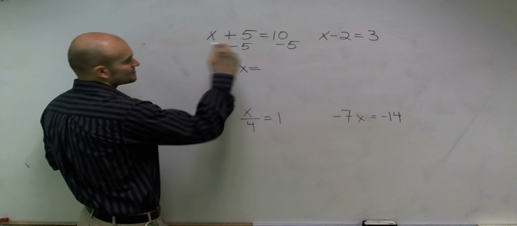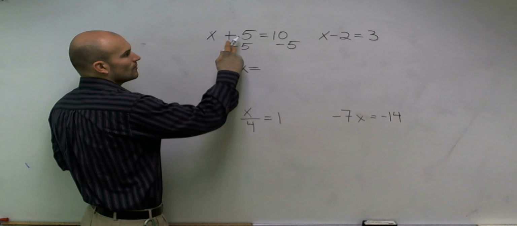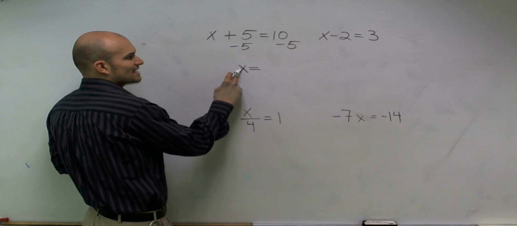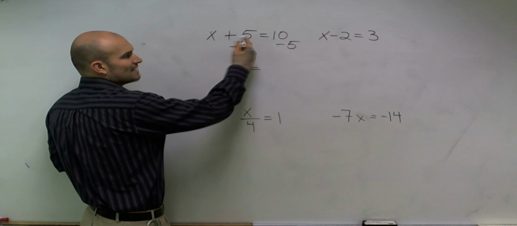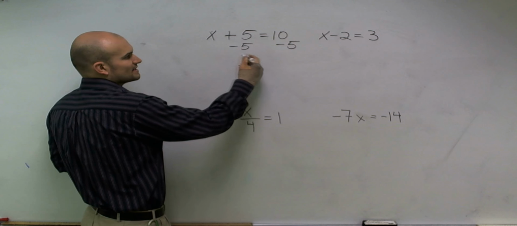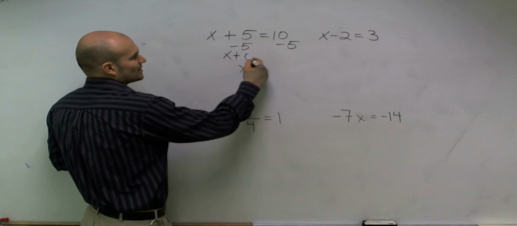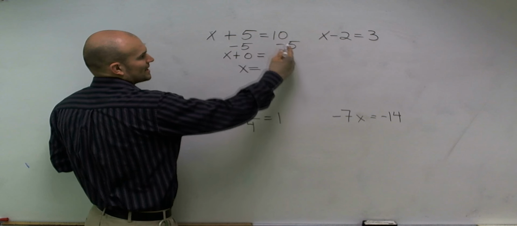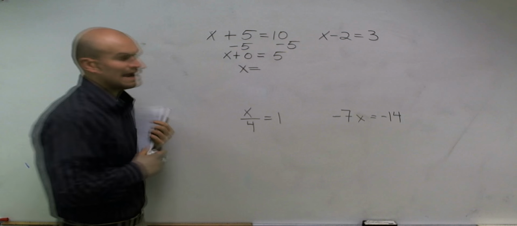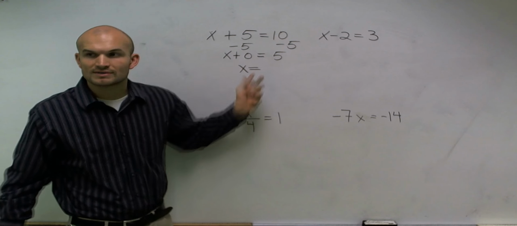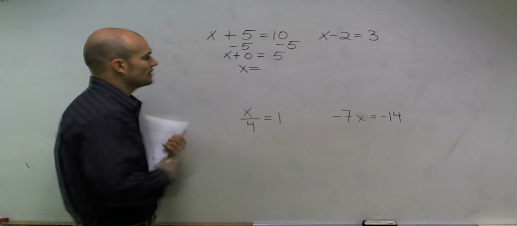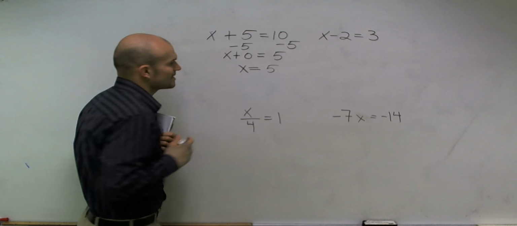Well, what happens is now I'm isolating this variable to get my x by itself. So 5 minus 5 is going to give me 0. x plus 0 is equal to 10 minus 5, which is 5. Now obviously, x plus 0 is going to equal x. Therefore, my value is x equals 5.